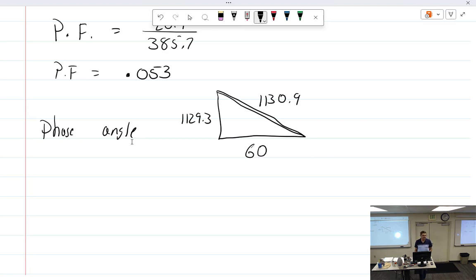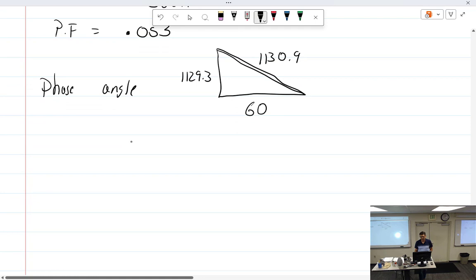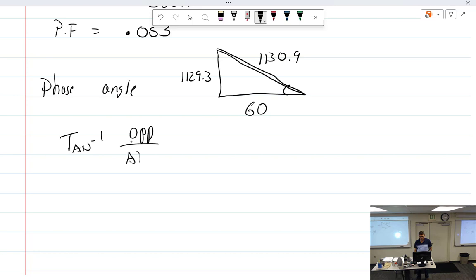Is that correct? Yeah, for sure. Sin inverse, that's what I didn't know. I didn't know which ones to input.